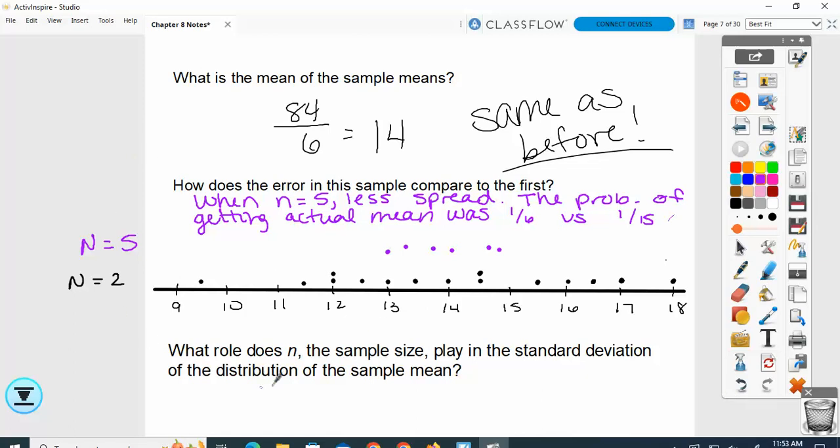All right, so what role does N play? A larger N would give us a smaller standard deviation, the spread. So we like large samples. Our data is more accurate in that case.